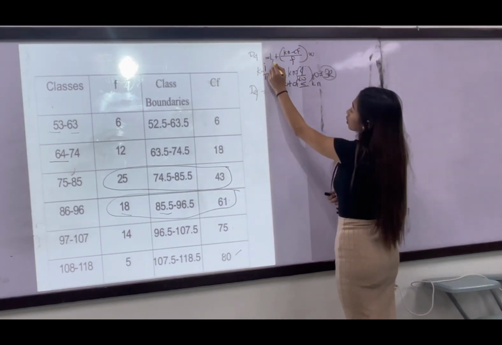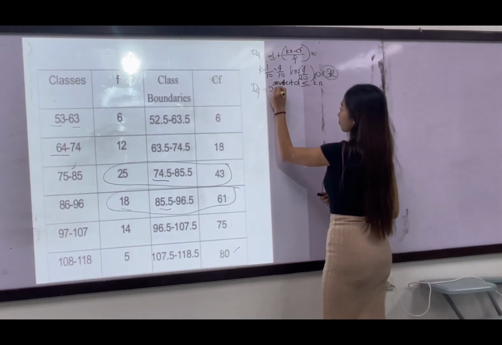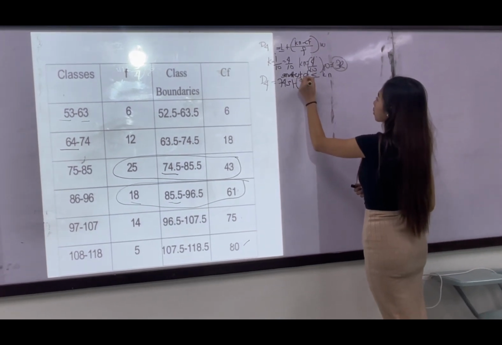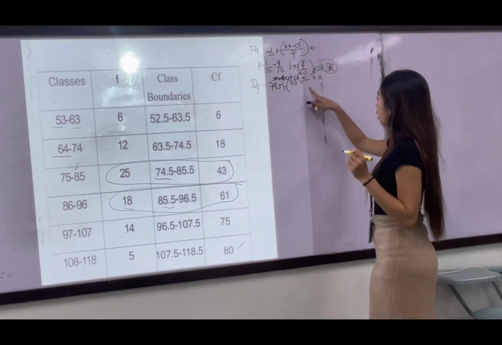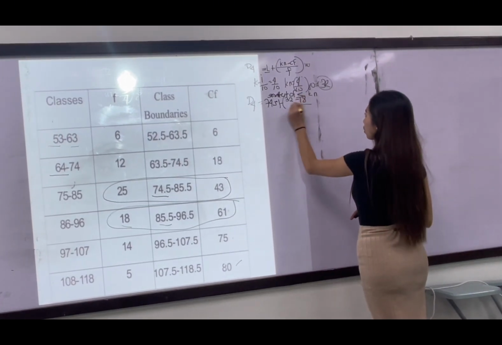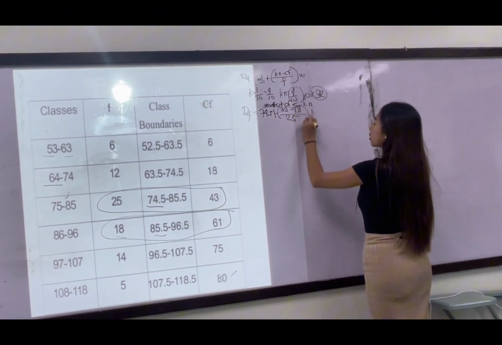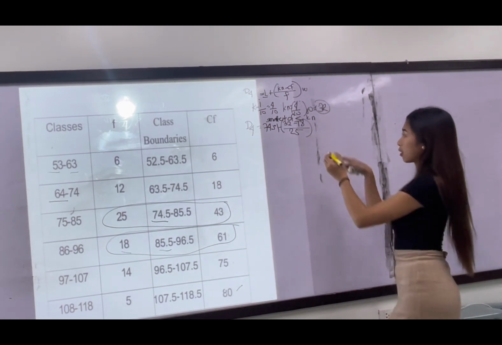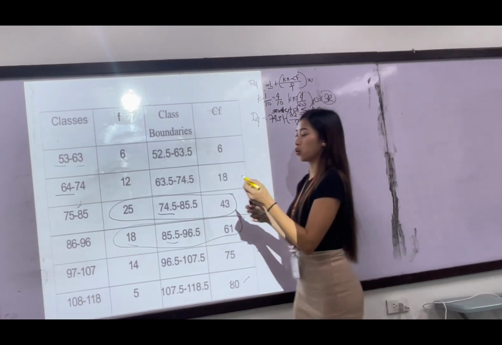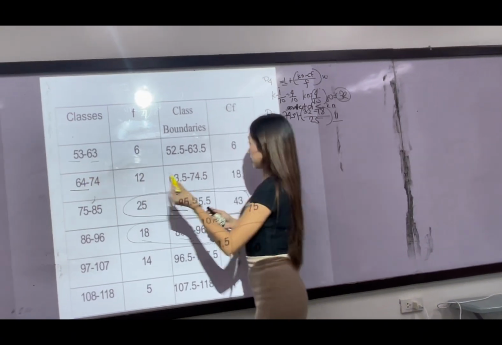The lower class boundary is 74.5 plus kn, which is 32, minus the cumulative frequency before the 43, which is 18, over the frequency, which is 25, times the class width, which is 11. To get the 11 again, you just subtract the lower class boundary from the upper class boundary.